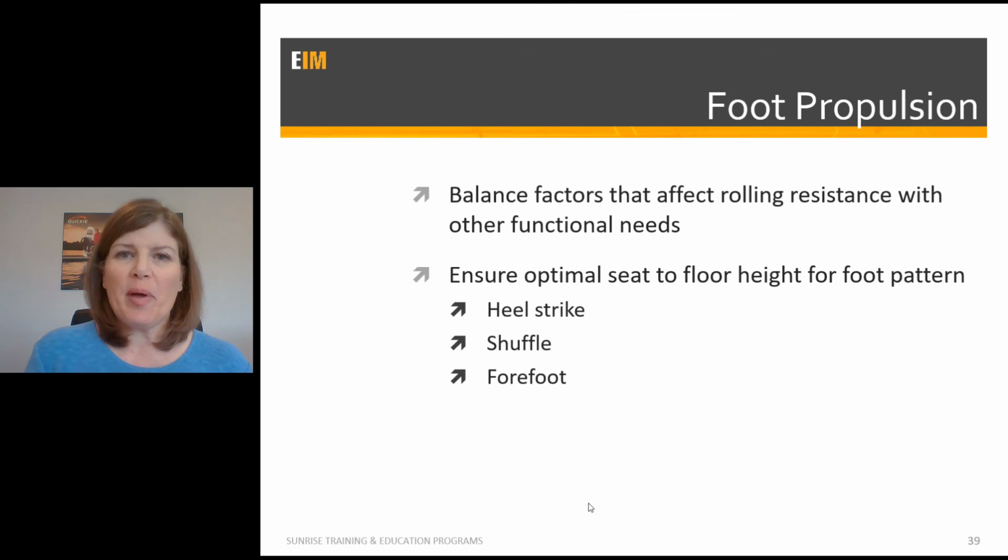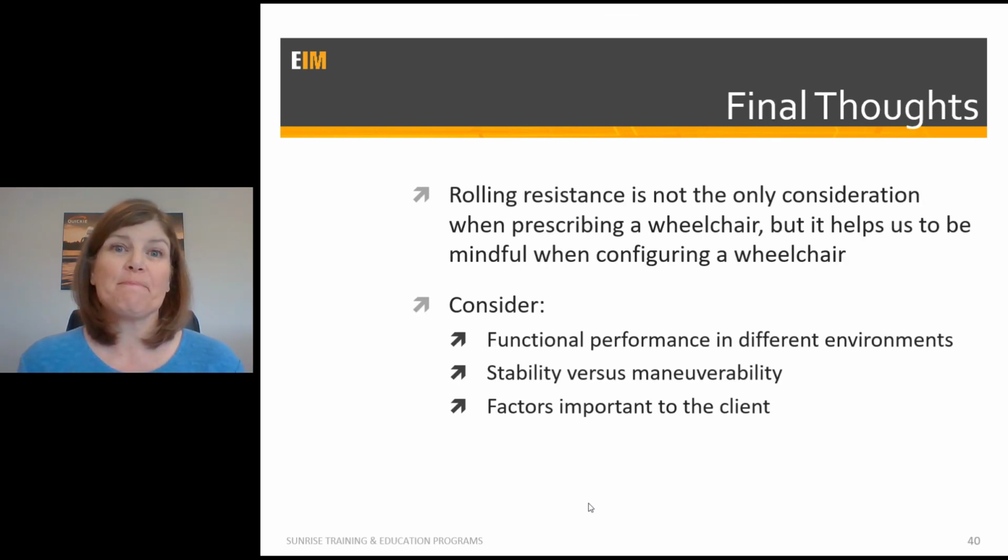And then depending on how much of a significant difference there is, we may be adding half an inch to that measurement so that there is that clearance for that individual. So the method of foot propulsion, the gait the person uses, is going to be critical for us in determining the appropriate seat to floor height for that client.